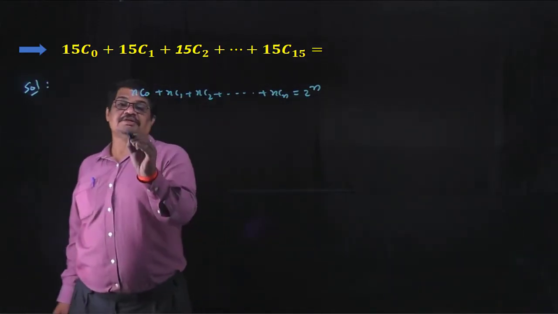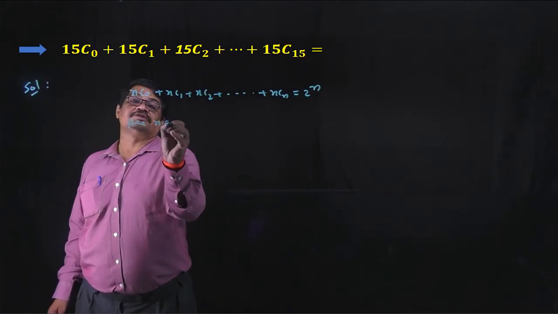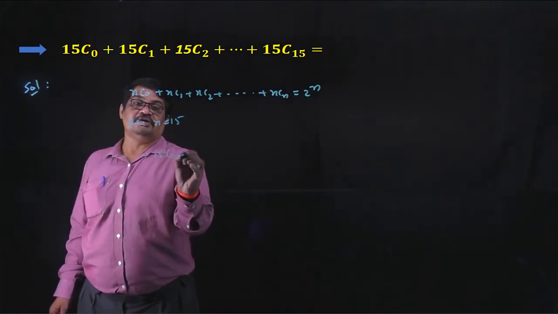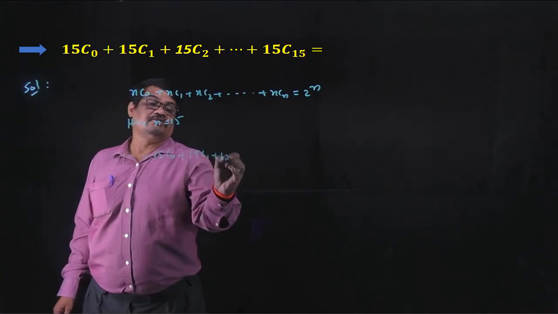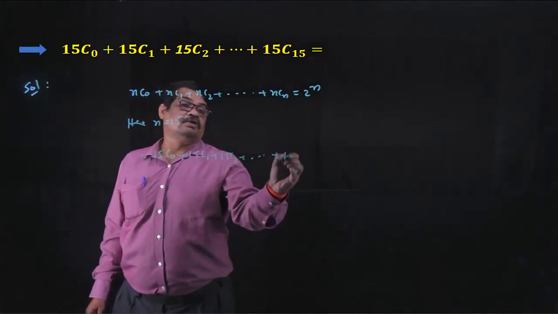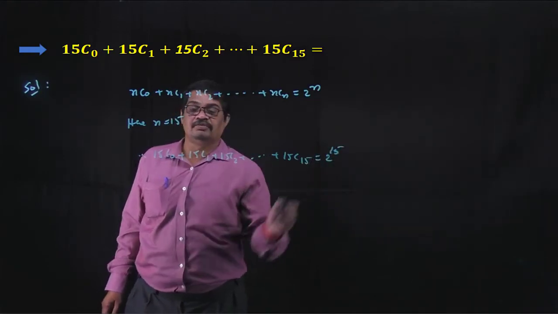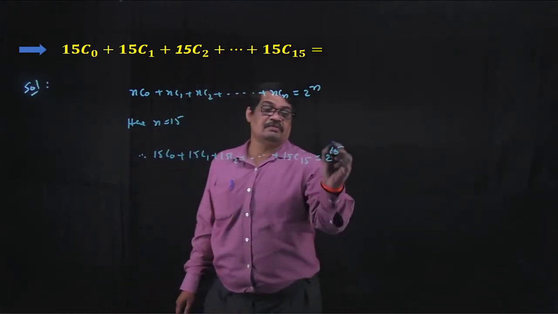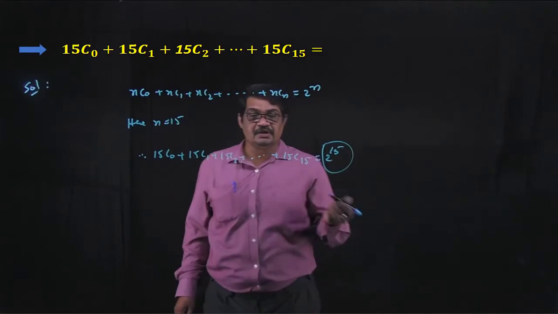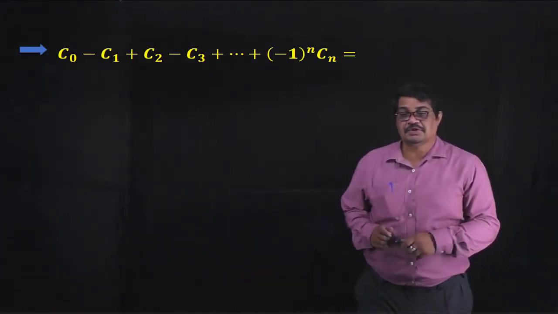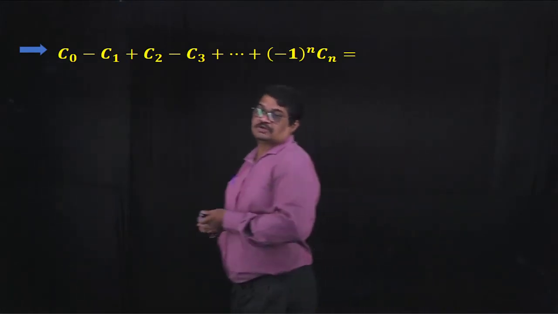Here n is 15. Therefore 15C0 + 15C1 + 15C2 and so on up to 15C15 is 2 to the power of 15. So the sum of the coefficients is 2^15. Okay, so the another problem.